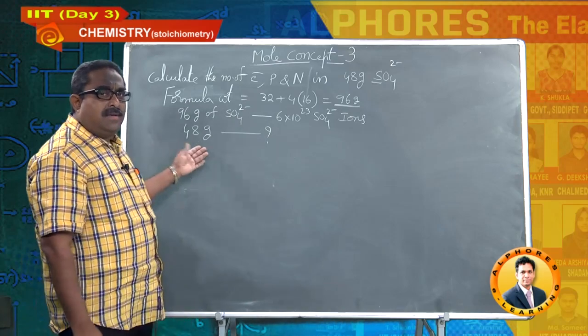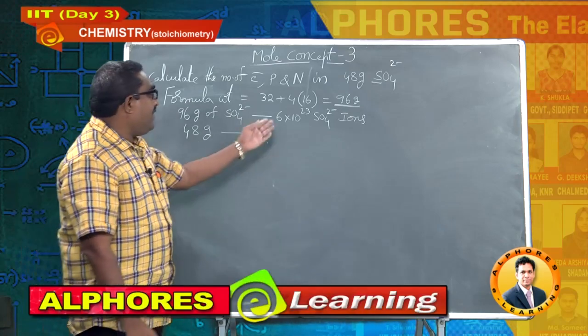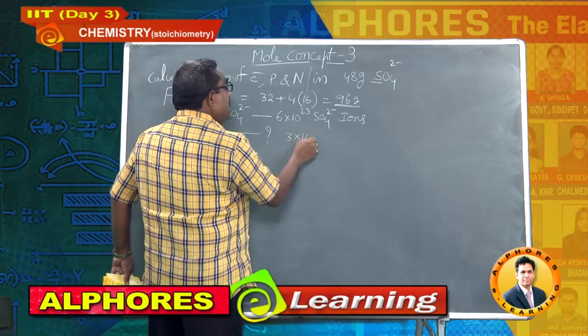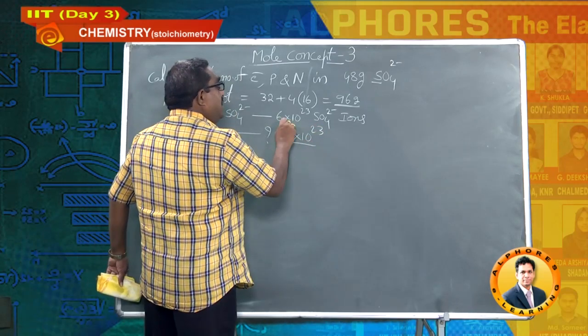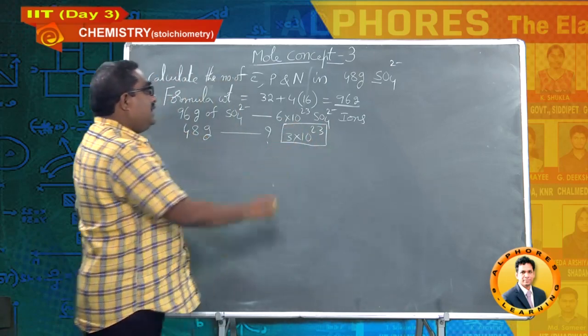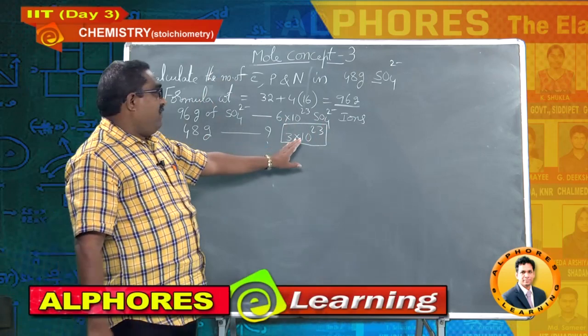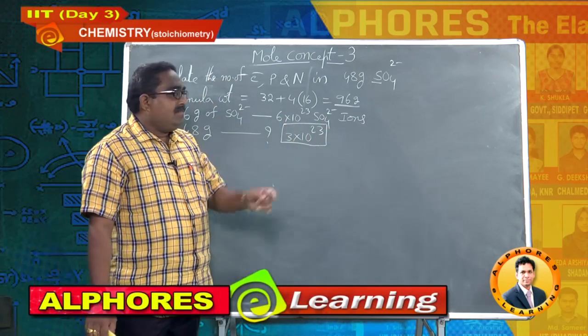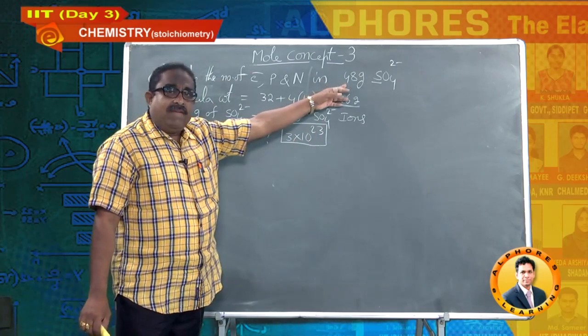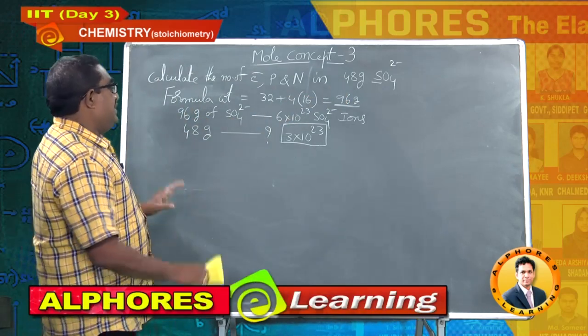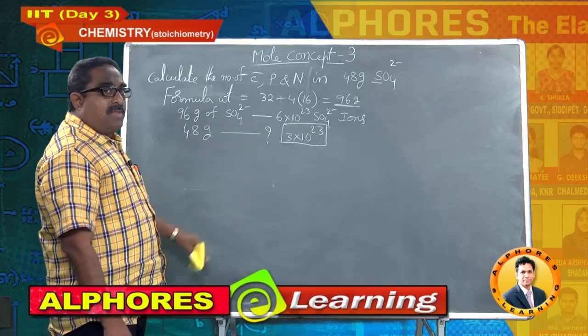Half of that, simply you can write half of this. Very simple, students. So, 3 into 10 power 23, I am highlighting this. These are the number of sulfate ions present in the sample given to us in the form of 48 grams of sulfate.